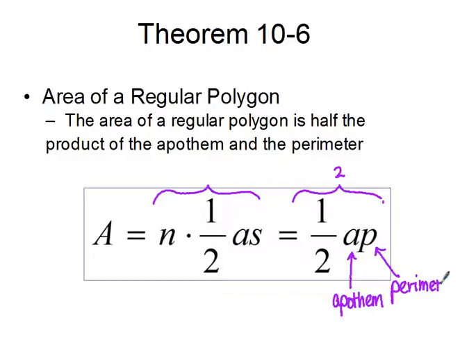And we know perimeter is the distance around the outside of the shape. So you take whatever the apothem is times whatever the perimeter is, and half of that would give us our area. Now the first formula is actually broken down a little more, and it's sometimes a little more useful this way. Okay, N is the number of sides. A is still your apothem, so I'll just draw an arrow over to that. S is the length of a side.